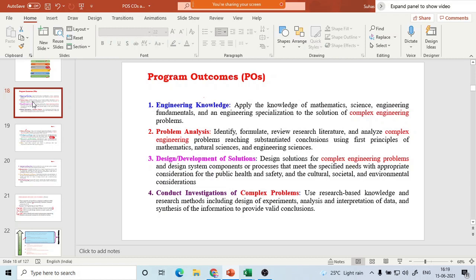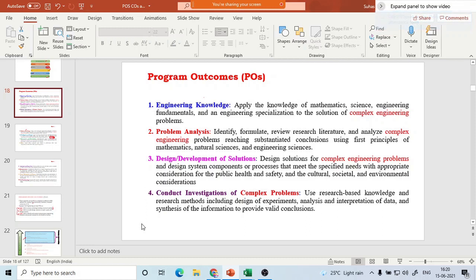Now, vision and mission: a typical vision of the institute is to create good engineers so that they can use that knowledge in society and in industry. How will they do it? They should have these skill sets. Based on how many POs they have covered and how many outcomes they have acquired, that engineer is going to implement it practically in their life.